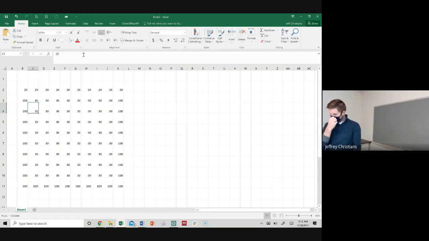Excel is more than happy to do that. But now I have to do the same thing for its neighboring cell. So this is equal to this plus this plus this plus this divided by 4.